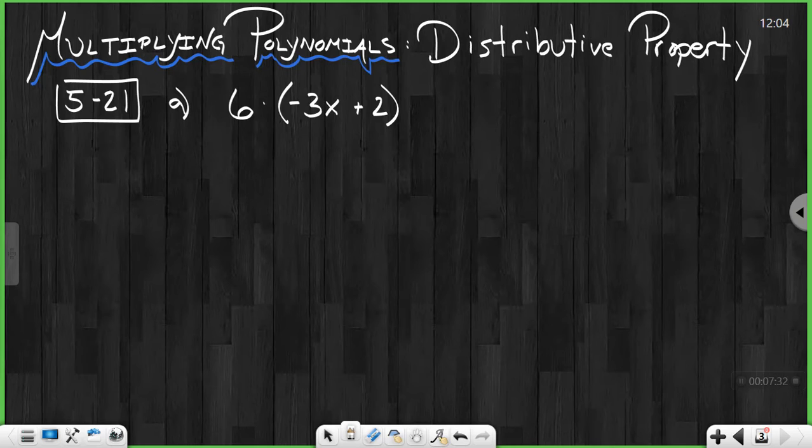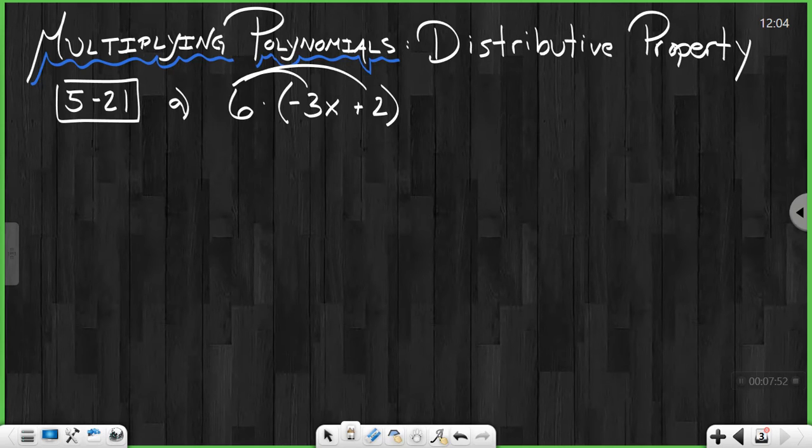Now, in this case here, we are saying that I am doing 6 times this entire group, negative 3x plus 2. That means I'm doing 6 times every term in that group. This is a monomial, 1 term, multiplied by a binomial, 2 terms, which means I have to do it to both terms.